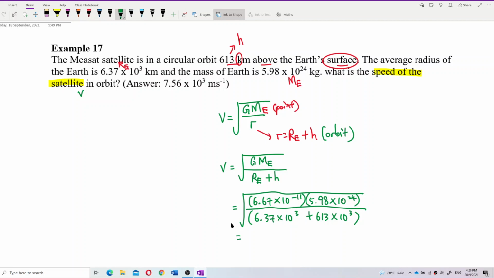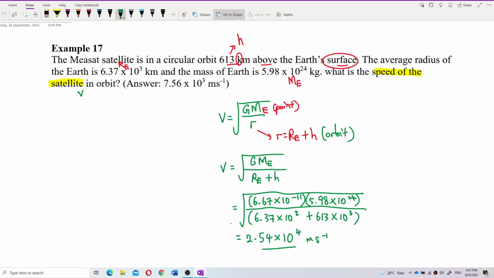The answer I get is 2.54 × 10^4 meters per second. Is that correct?